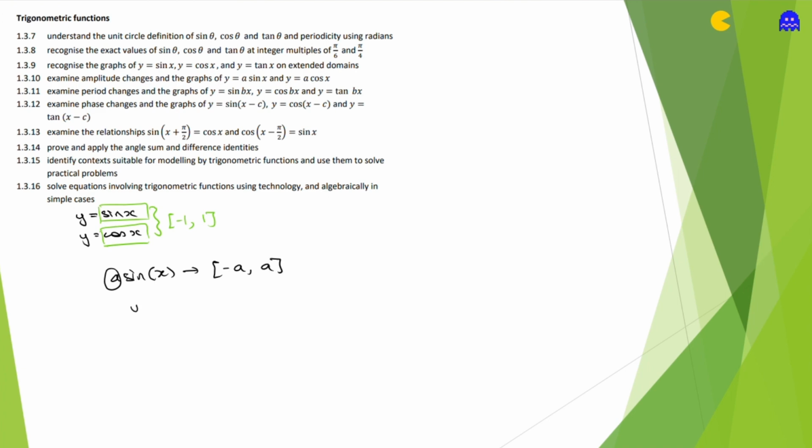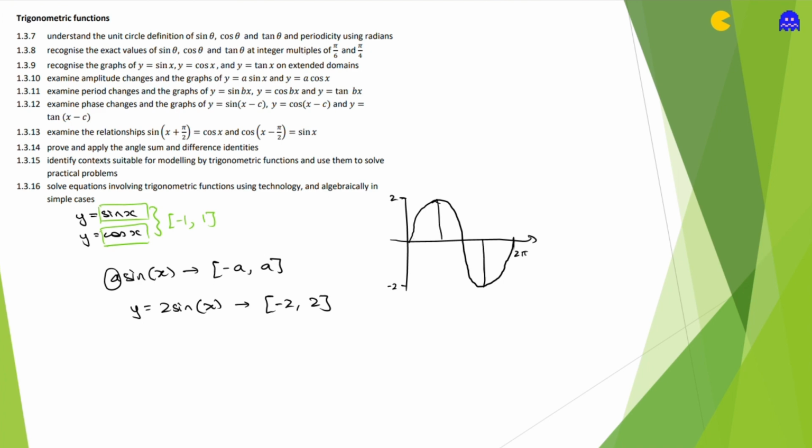And so as a result, if we graph, for example, 2 sine x, that will be bounded from -2 up to 2. If we visualize this on a set of axes, our sine graph will look something like this. It'll have the same period, finish at 2 pi, but it will be maximally displaced at -2 and at 2. And so the amplitude of this graph is going to be equal to 2.